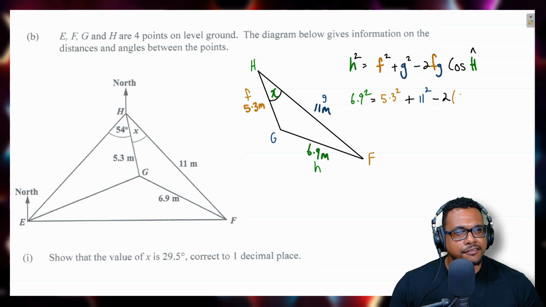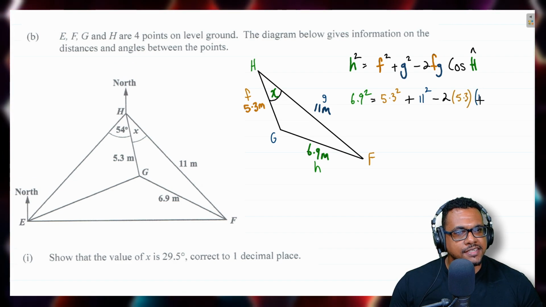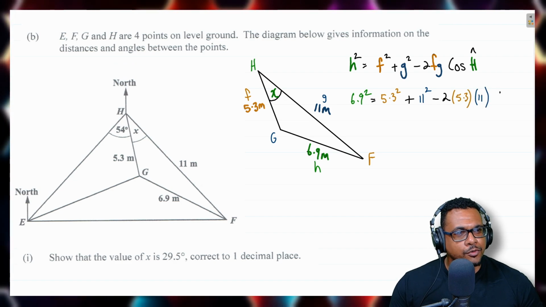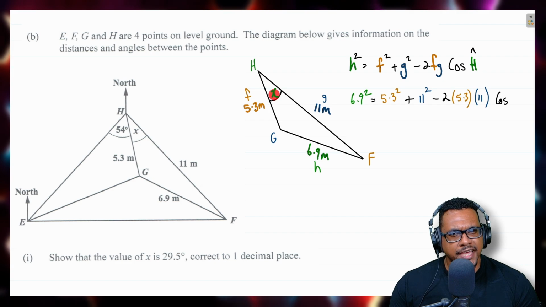So we're going to have 5.3 times G, and G is 11, then cosine angle H. And instead of writing angle H, I'll just put the X.